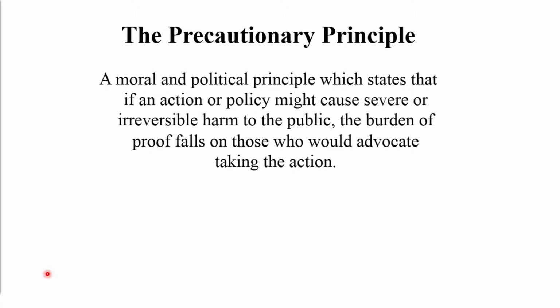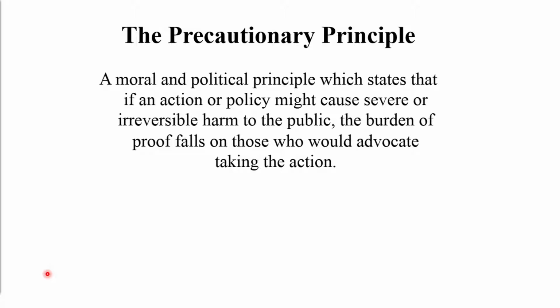Say, for example, an oil company would like to do drilling in the community. Now, drilling has never been done in that area before, and we don't know the harm or the benefit that might come from this drilling. However, we do have a sense that if drilling begins, then there might be some irreversible damage caused by this drilling.